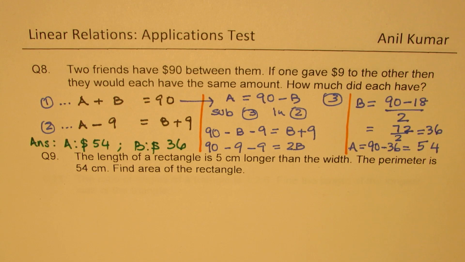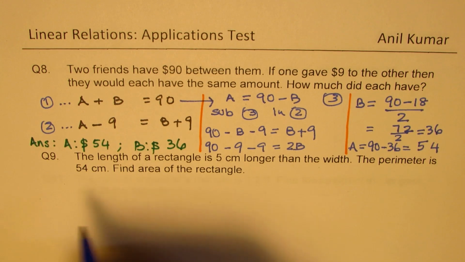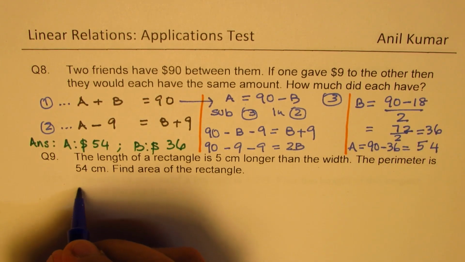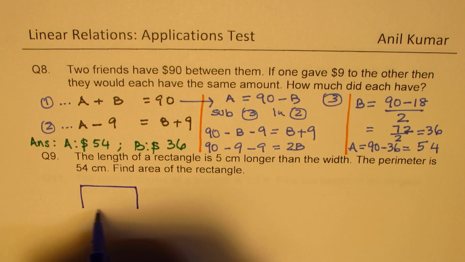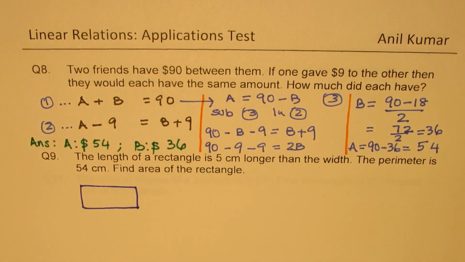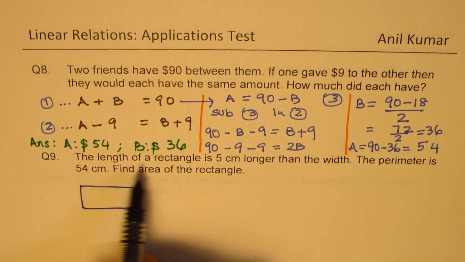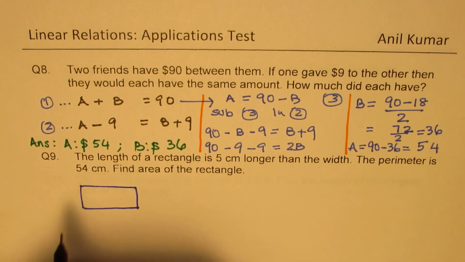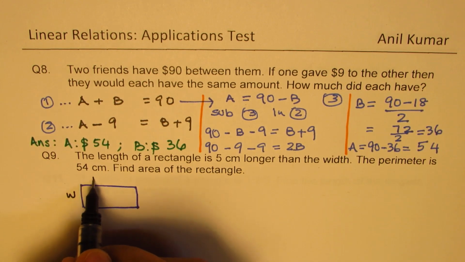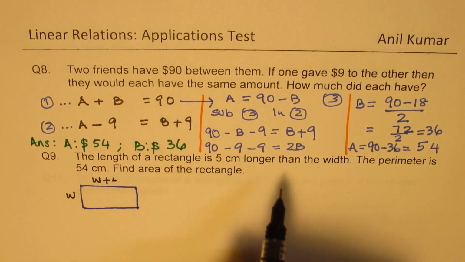Question number 9 here is, the length of a rectangle is 5 centimeters longer than the width. So when you have this kind of situation, it's a good idea to just sketch one and then write down the dimensions. We are saying length of a rectangle is 5 times longer than width. So if this is width, it is 5 times longer. Sorry.